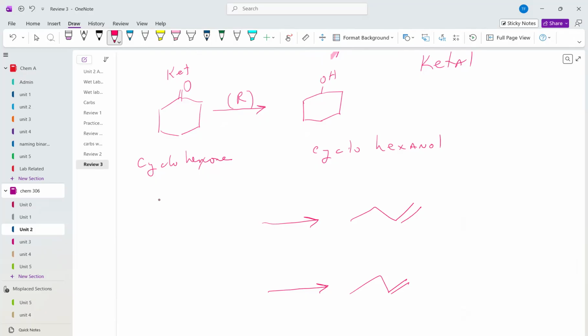Okay, two different ways to make this. Okay, it's a 1, 2, 3, 4. So it's a 1-butene. So how can we make that?